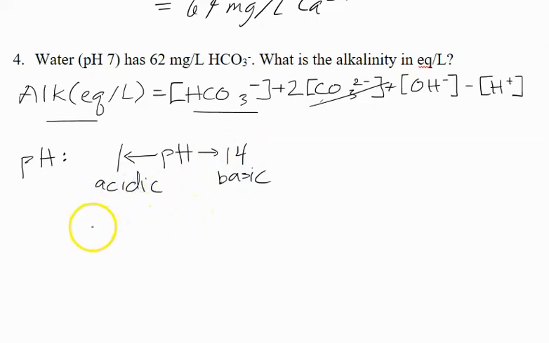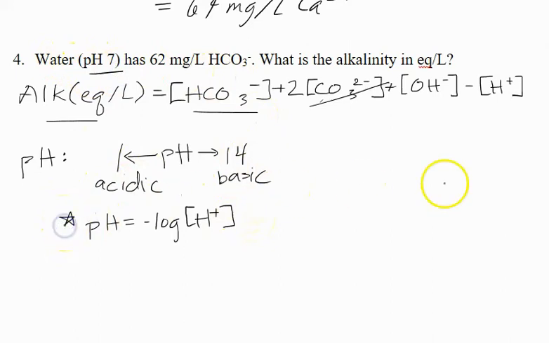And pH is basically the negative log of the concentration of H plus ions. So if you know the pH, you can use this equation to calculate H plus.